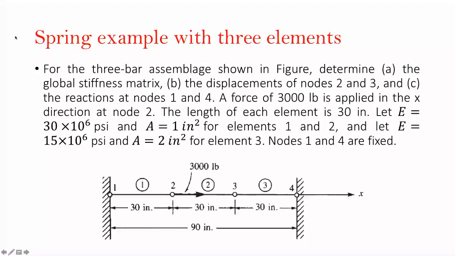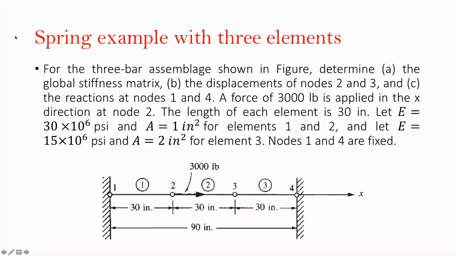So the type of element is obvious, right? It's a truss element. We want to use linear displacement. We know the K matrix for each individual element, so we only need to calculate A times E over L for each single element.